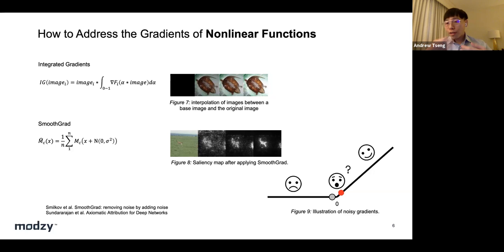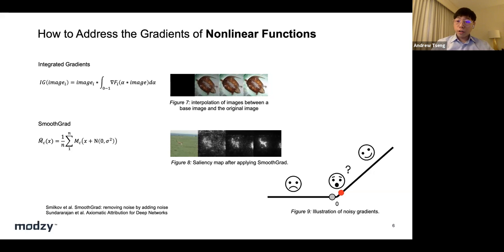So the gradient jumps from 0 to 1, which means that before, this pixel was not important at all. However, after you give it a brighter version of the original image, this feature became so important. So this creates some confusion and people are trying to solve it.